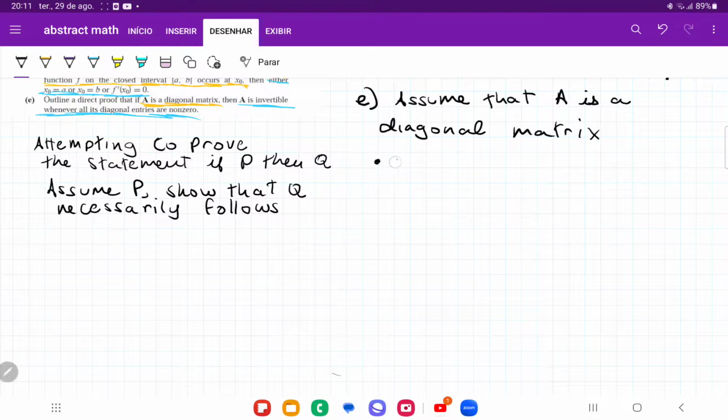Then we would develop all our arguments, and we would show that the conclusion necessarily follows. So we would show then A is invertible.